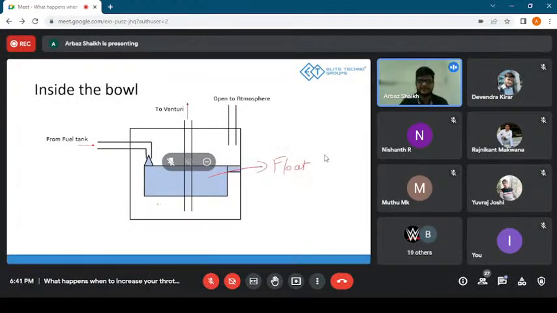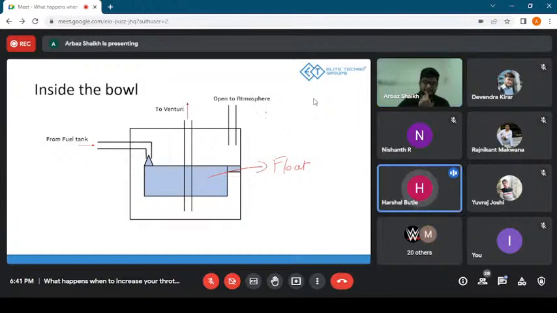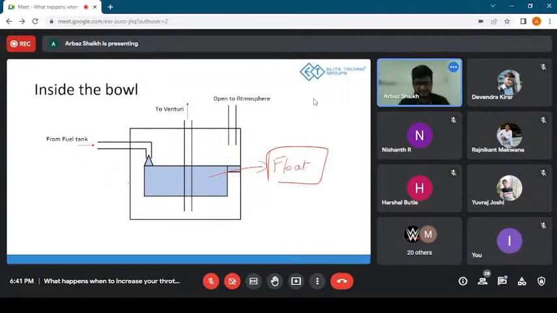Now, if you're familiar with a float, could someone tell me what exactly a float does? Maintains the level of fuel in the carburetor bowl. Correct, but that's what a float is doing in a carburetor. But in general, what does this word mean? Anybody? What does float mean?